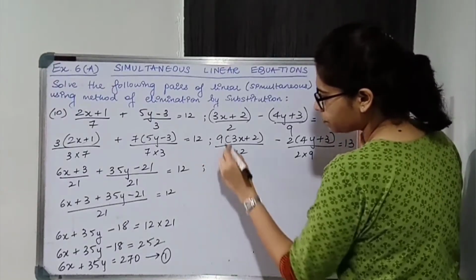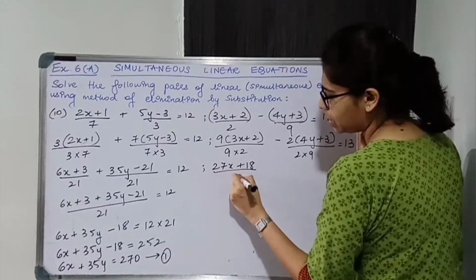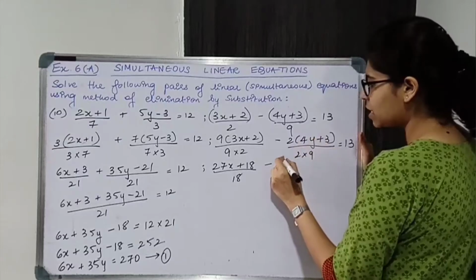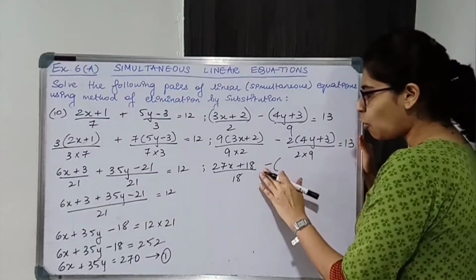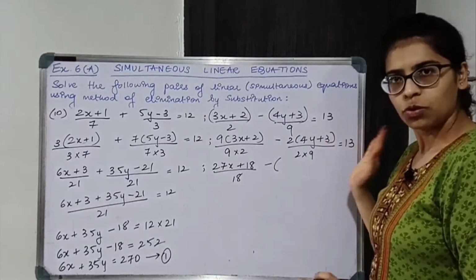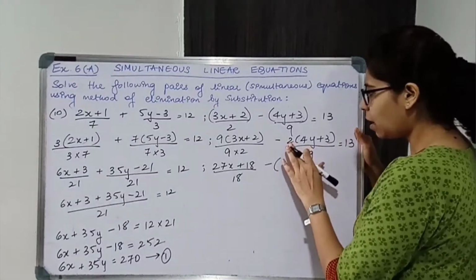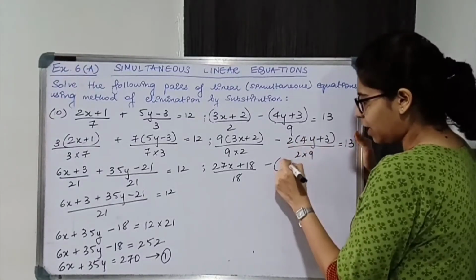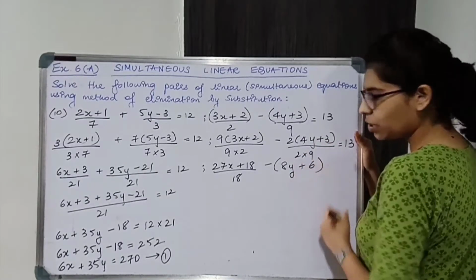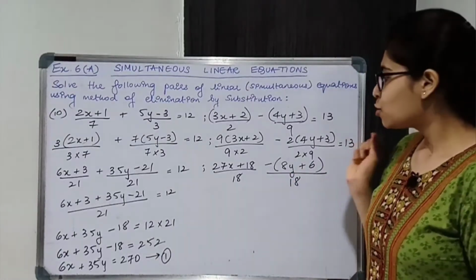So 9 3s are 27x plus 9 2s are 18 by 18, minus over here, for now I am not taking the minus sign inside, I am just multiplying by 2. So I am putting brackets over here. So it will become 2 4s are 8y plus 2 3s are 6, the whole thing upon 18.